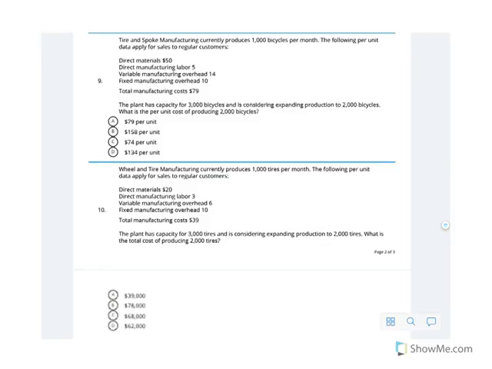Tire and spoke manufacturing currently produces 1,000 bicycles. The following per unit: direct material 50, direct labor 5, variable overhead 14, fixed manufacturing costs on a unit basis is 10, total manufacturing cost per unit 79. Now that's fixed and variable. The plant has a capacity for 3,000 bikes and is considering expanding to 2,000, so they don't have to add fixed costs.